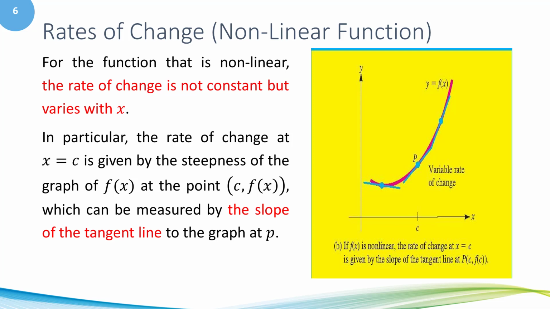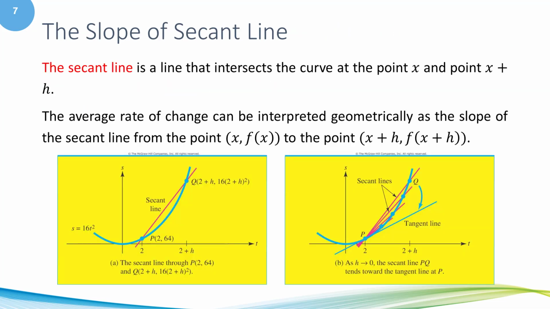Let's say we have a function f at x and x + h. The secant line is the line formed by joining (x, f(x)) and (x + h, f(x + h)). If we make h smaller and smaller, which means h tends to 0, then the secant line will also tend toward the tangent line.